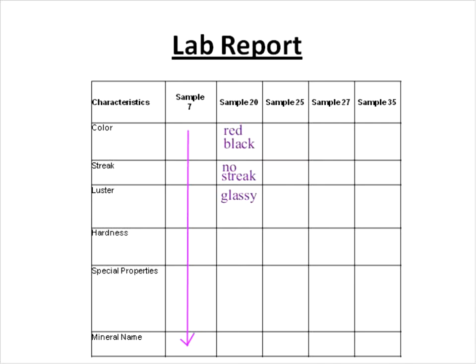We know that our other hardness tester, which was our nail, is 4.5. The nail didn't scratch it. So we're going to say our hardness is between 4.5 and 5.5. Remember, we always give a range: less than, greater than, or between. So that's what I'm going to put here. And I'm going to make this smaller.